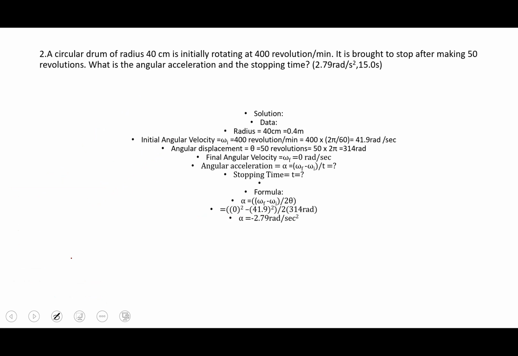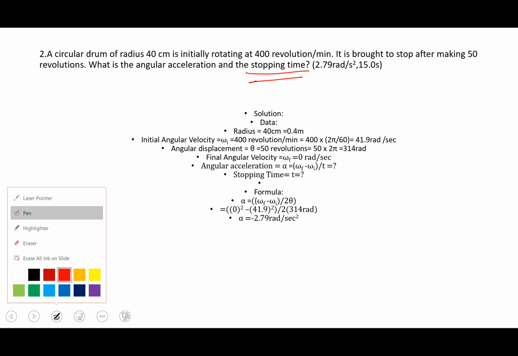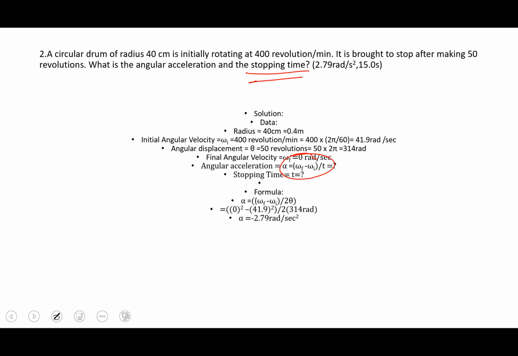Now for the stopping time, we are using this formula: alpha is equal to omega f minus omega i divided by t. We have to find the value of t, so taking t to the other side and alpha to the denominator by cross multiplication, we get t is equal to omega f minus omega i divided by alpha.